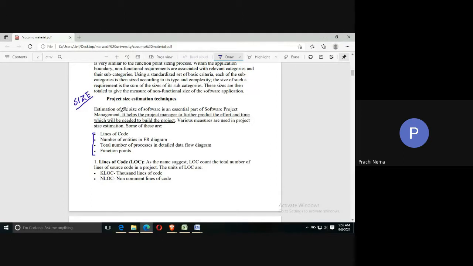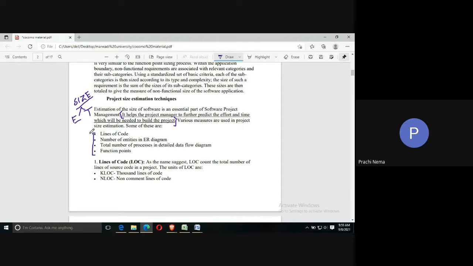If you want to predict how much effort we need to put, how much time we need to give, for these two, we need to have an estimation of the size of the project. That is why estimating size is important and it should be the first step.